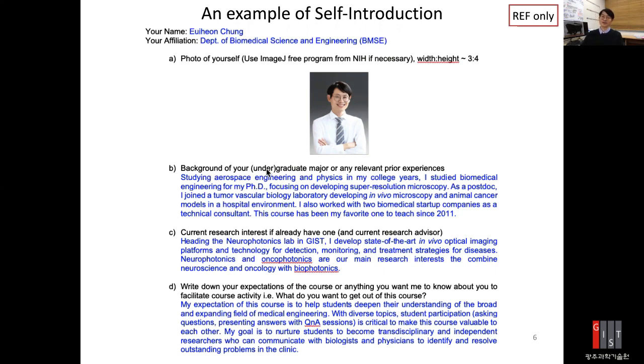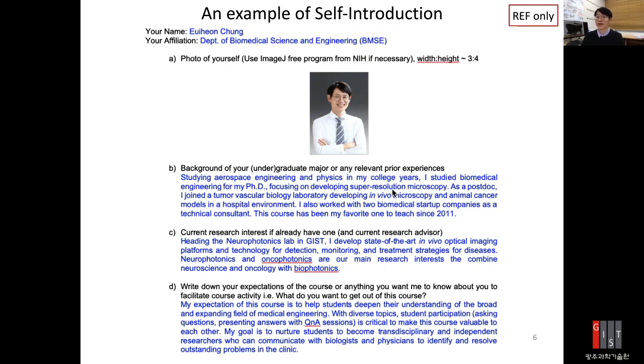My background: I studied aerospace engineering and physics in my undergraduate college, and then biomedical engineering. For my PhD, I was working on developing super resolution microscopy, which was very fun.